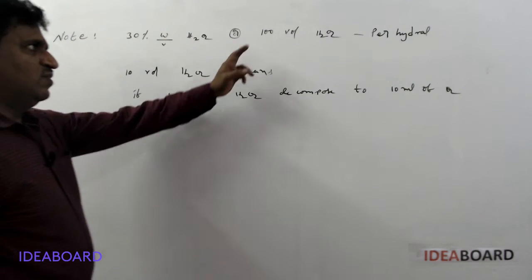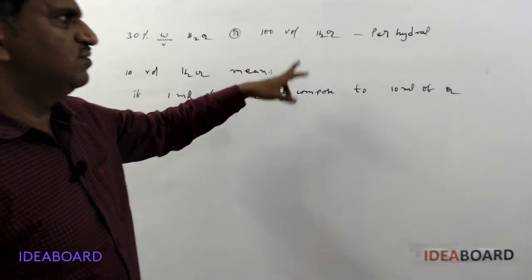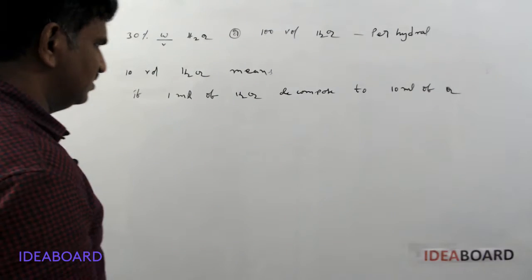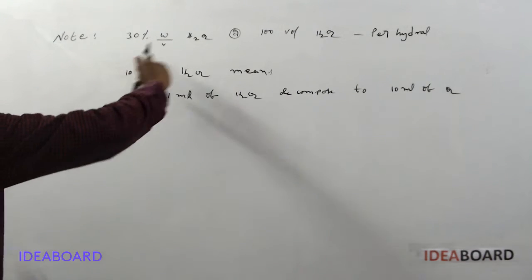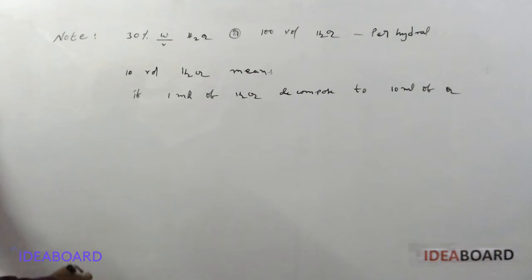And 100 volumes hydrogen peroxide means, if 1 ml of hydrogen peroxide decomposes, it gives 100 ml of oxygen. And this is called 30% weight by volume, or 100 volume H2O2.